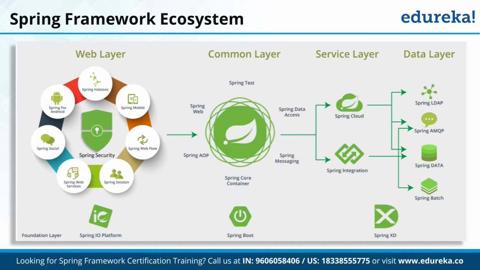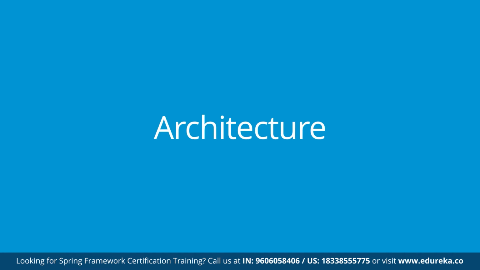Thereafter we got a common layer where we do some basic operations as in Spring Boot, and thereafter we got service layers and data layers, as in Spring XT and the other components available in the Spring Framework, right? So this is the entire Spring Framework ecosystem, how the Spring Framework is going to come up and interact, and it is available in various modules.